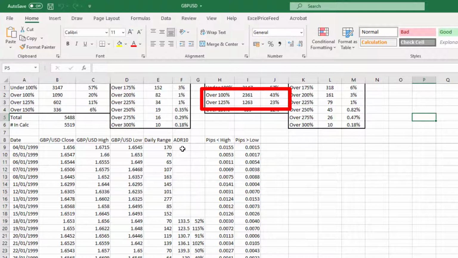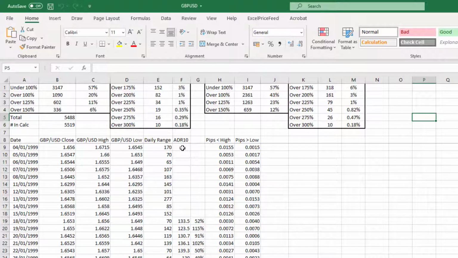So I was looking to see if there was a way that we could use this data to take trades when price had moved beyond its average daily range, and it would then pull back to give us an edge in the market. I tested lots of ADR figures, starting at ADR 5 and going all the way up to ADR 20.